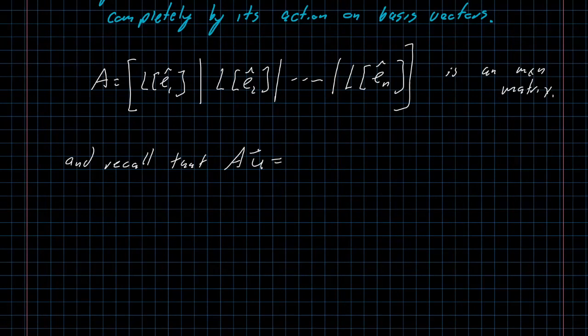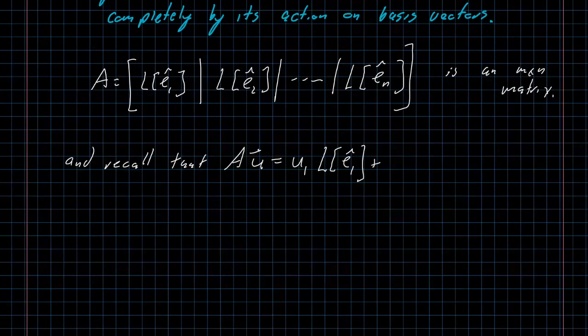It's also useful to remember that when you multiply a matrix times a vector, what you get is a linear combination of the columns of the matrix. You're going to get the first component u1 times the first column of A, L acting on e1.